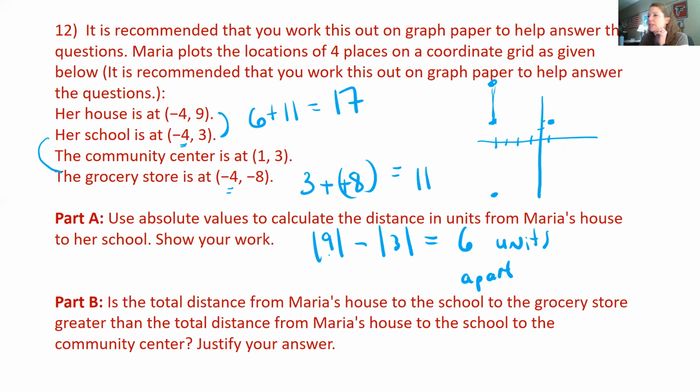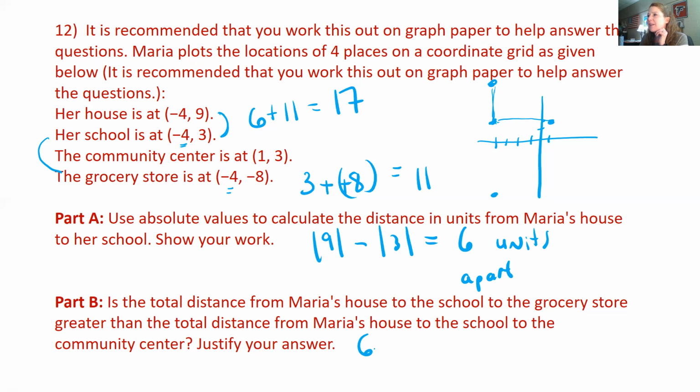Now we want the distance from her house to the school to the community center. From her house to the school is 6. From the school to the community center, we're going from negative 4, 3 to 1, 3. Negative 4 to 1, I would go right 4 units and then 1 more unit to the right.